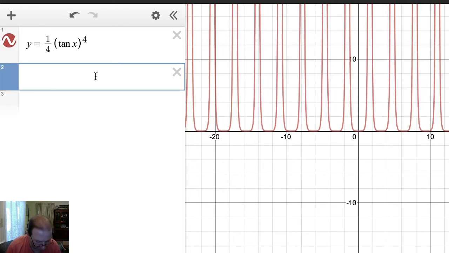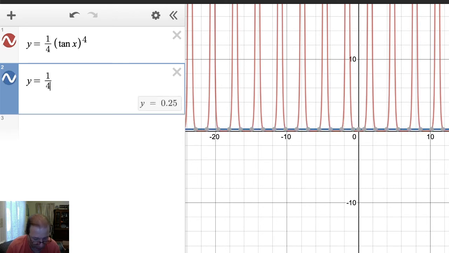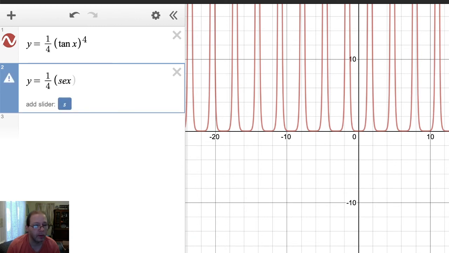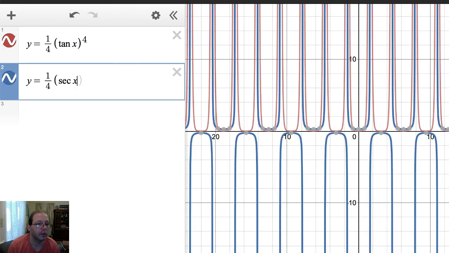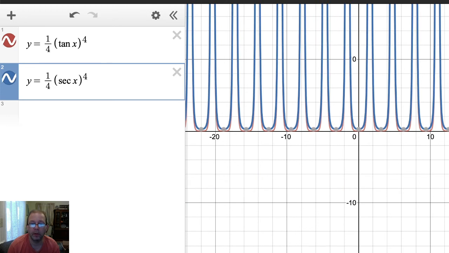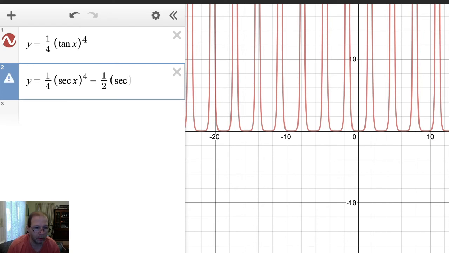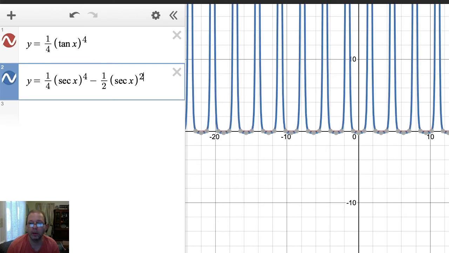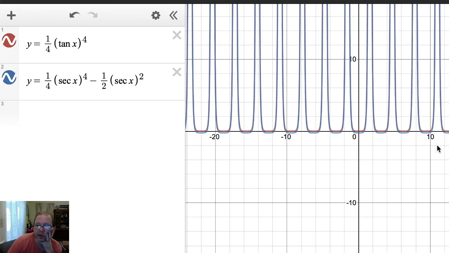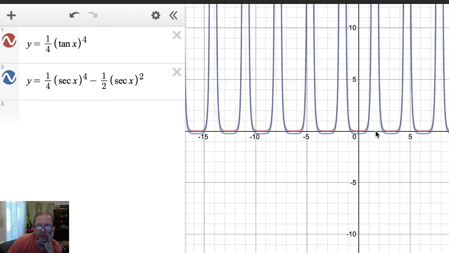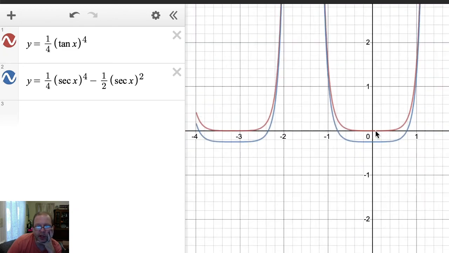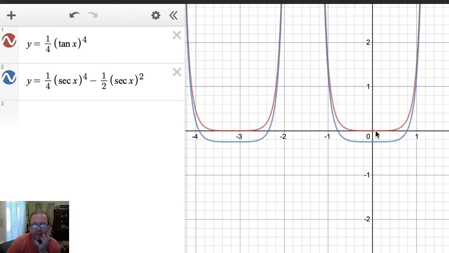The other one was y equals 1/4 secant to the fourth minus a half secant squared. And the question is, are these two things the same graph? Well, just looking at it, if we zoom in, they're not exactly the same.